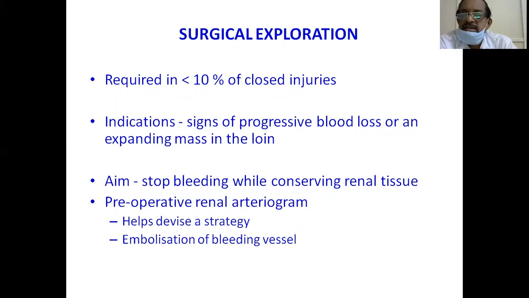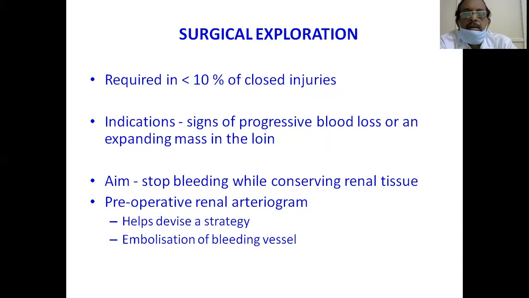You follow the vitals, give blood or fluids as necessary if there is hypovolemia, restrict him, give him bed rest, and follow the severity of the hematuria by the 3-glass test, and check pulse rate and blood pressure. If they are stable, you don't need to operate on these people. They are managed conservatively in isolated closed injury of the kidney.